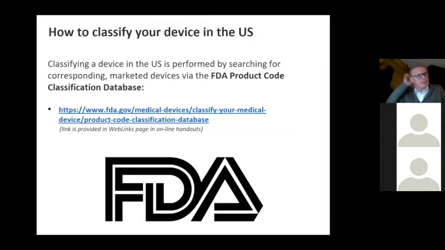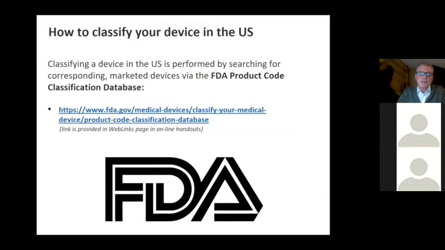So how do you actually classify your device in the US? The answer to that is really probably a 2-hour workshop to be able to go through the process. However, it is somewhat intuitive once you're able to get into the databases. So you can do so by searching for a corresponding marketed device via the FDA product code classification database.